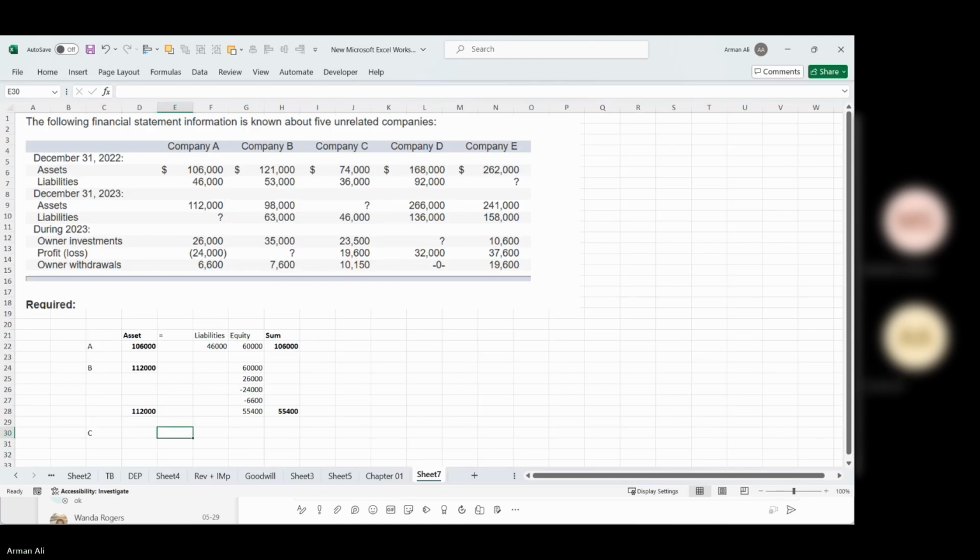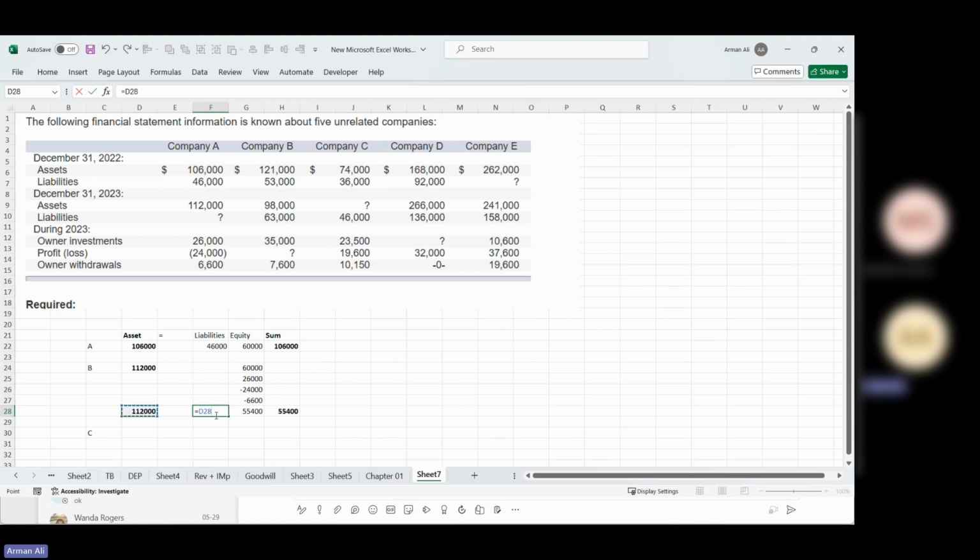C. What was the amount of liabilities owed on December 31st, 2023? So we need to figure this value out as well.